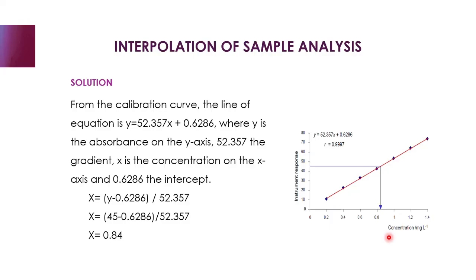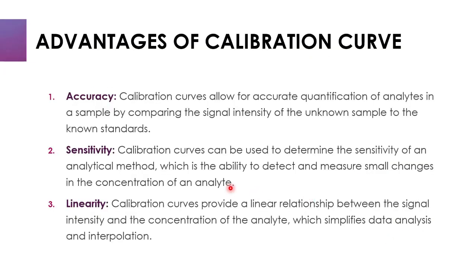Let's look at some advantages of the calibration curve. The first advantage has to do with accuracy. Calibration curves allow for accurate quantification of analyte in a sample by comparing the signal intensity of the unknown sample to the known standard. The next is sensitivity.